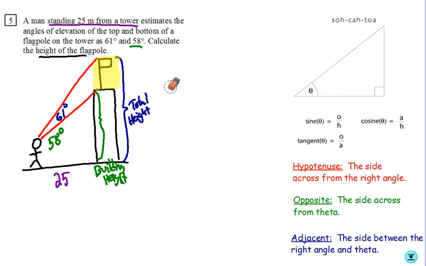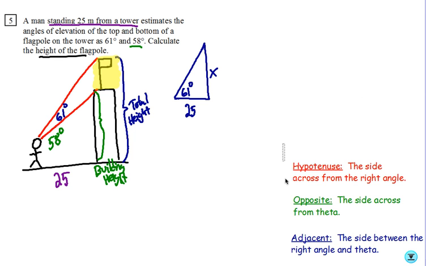So let's say that the blue here is going to represent the total height. So I'm going to have two triangles here. I've got this one at 61 degrees, and he's 25 meters away. And then what we're looking for, we could call that x, right? So let's say this is the total height. And then we'd have a second. Let's maybe clear this out of the way.